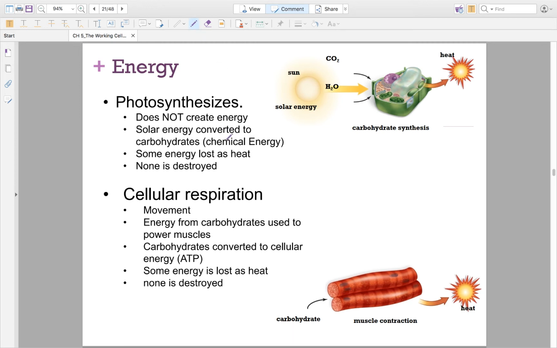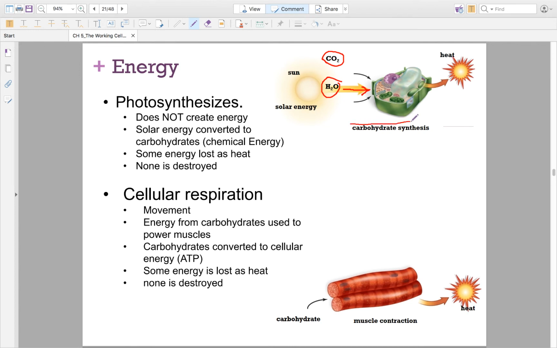All right, now the point is that this is a plant cell. Okay, so these plant cells, these photosynthetic organisms, they do not create energy. They take solar energy, plus they take CO2 and water, and they make sugar.